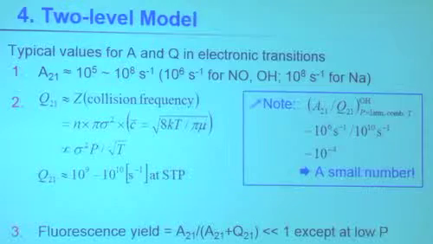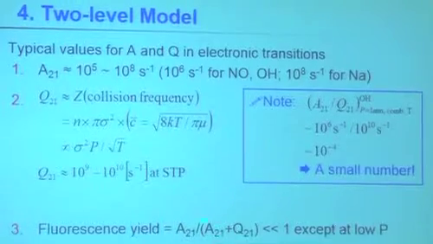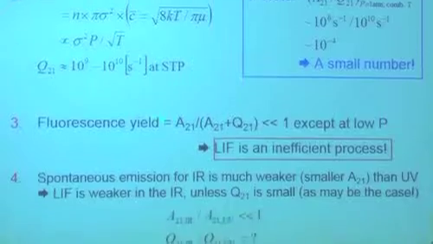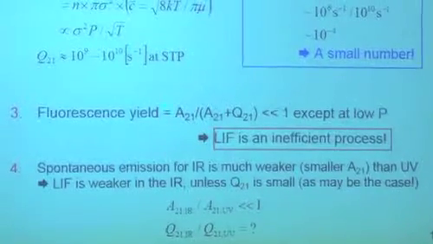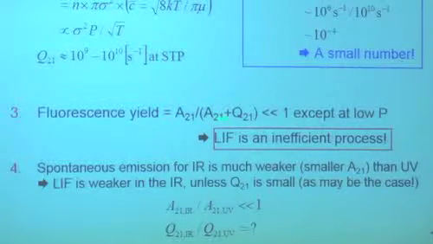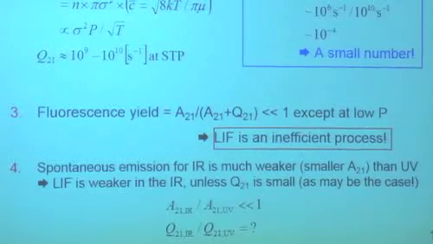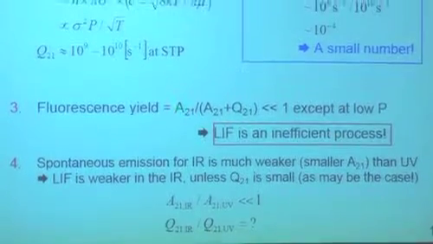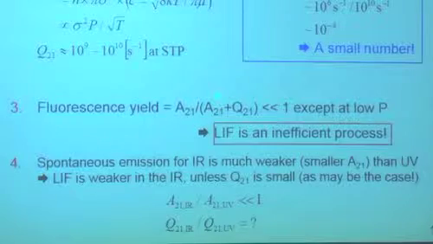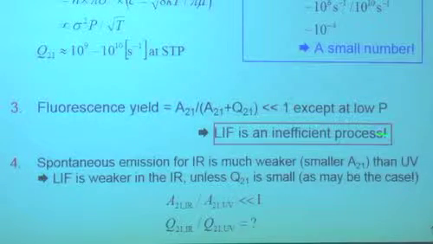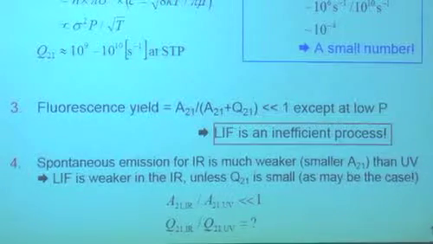If you look at this another way, the fluorescence yield, which would be A over the sum of these two, I've only left out the induced emission term, so I'm down in the weaker limit. All this says is that since A over Q is very small, LIF is a very inefficient process.